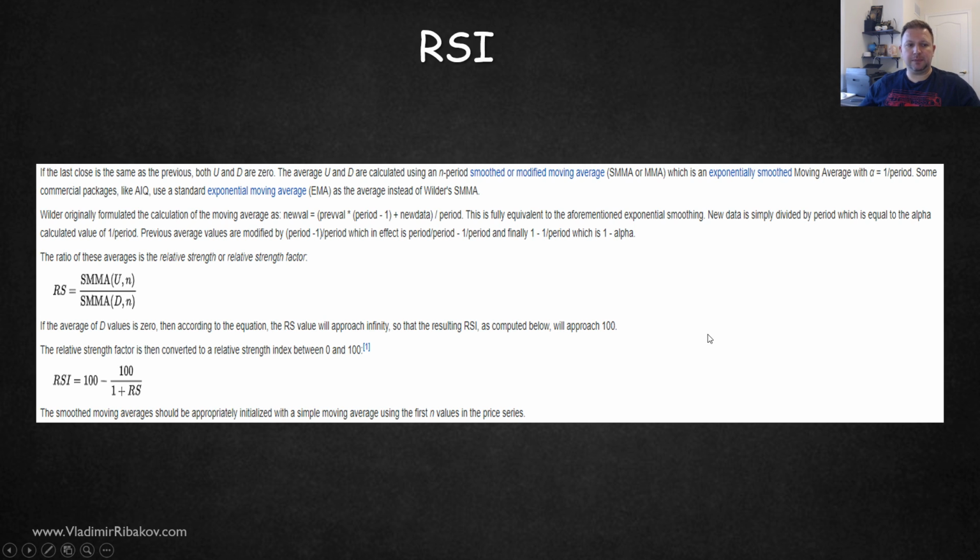Now, to dig deeper, the RS, which stands for the relative strength factor, is calculated as the average of the ups divided by the average of the downs, and this is its relative strength factor. The RSI itself, the formula calculates it this way: 100 minus 100 divided by 1 plus the RS, while the RS is the relative strength factor of the averages of the ups and downs.